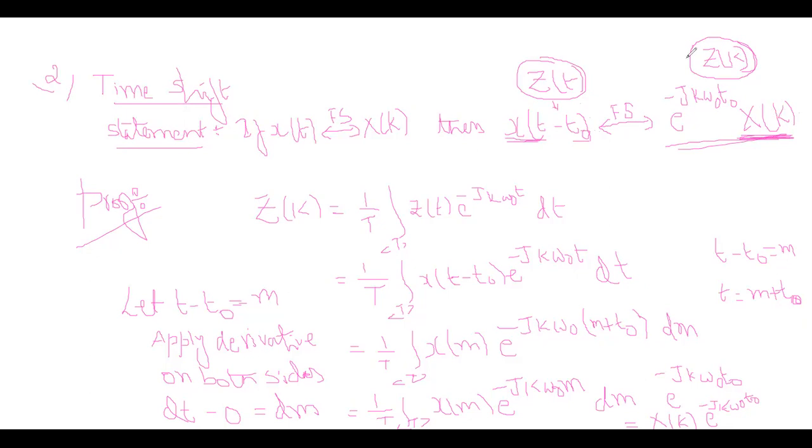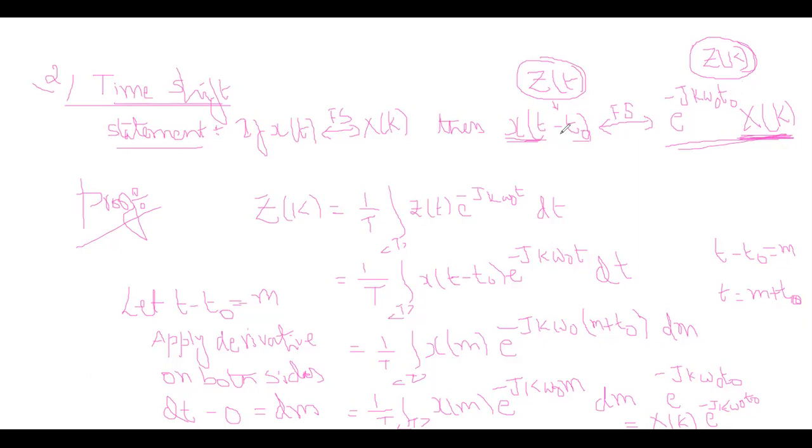Converting time to frequency, here the frequency is k. Now here we are taking the time shift only. The time is shifted by t naught samples, so it is multiplied with e power minus jk omega naught into t naught. If instead of t naught there is another value, say 3 or 4, then it is e power minus jk omega naught times 3 or 4, whatever it is.